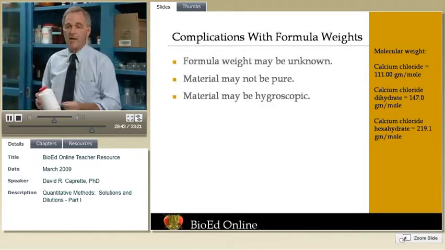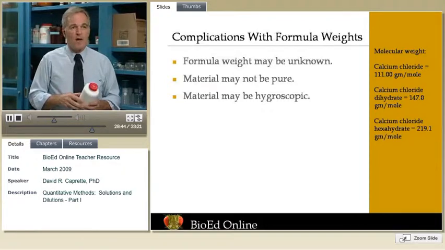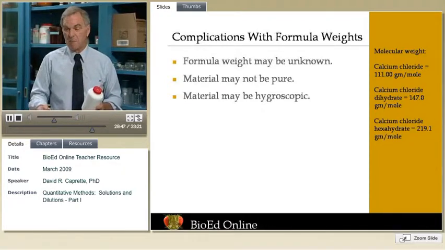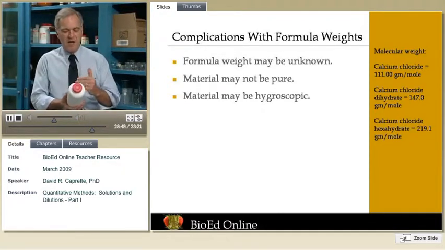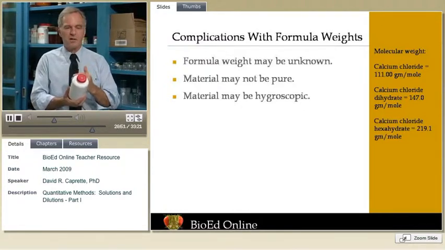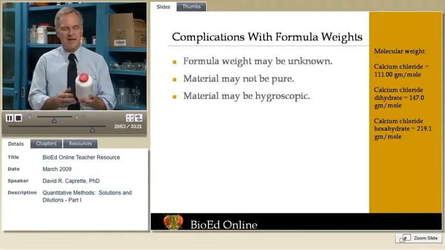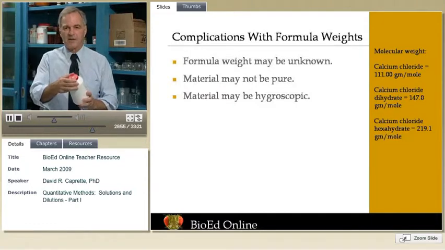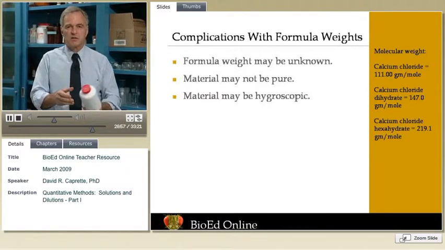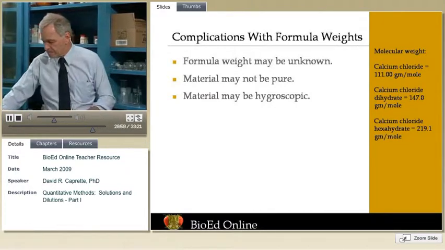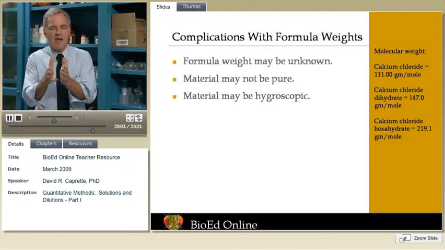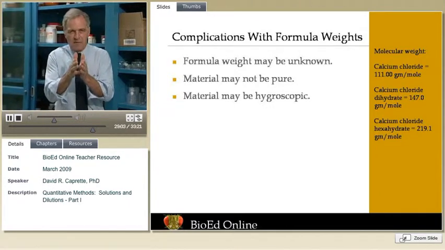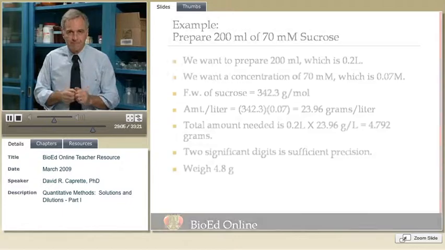Why should we weigh out a chemical to 1/10 of a milligram on an analytical balance when we have an unknown quantity of water that's contributing to the weight? It just doesn't make any sense to be overly analytical when we're making solutions that require a concentration range rather than a very, very perfect concentration.